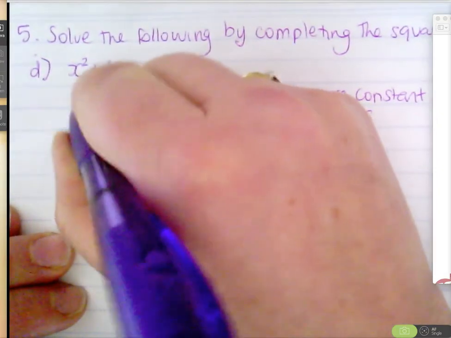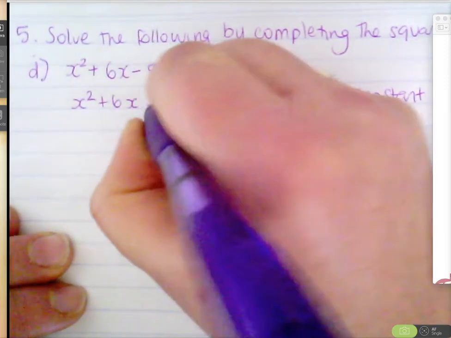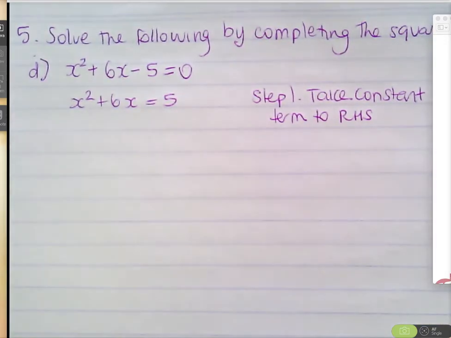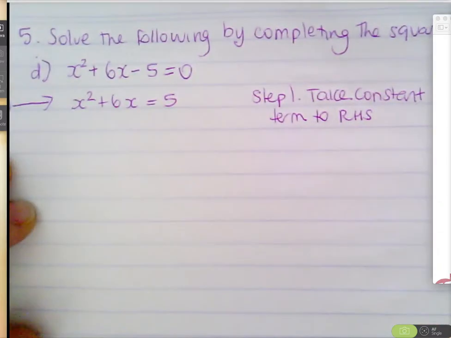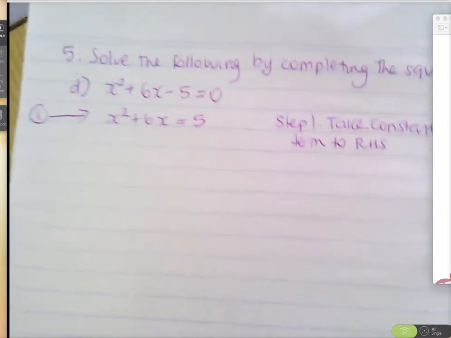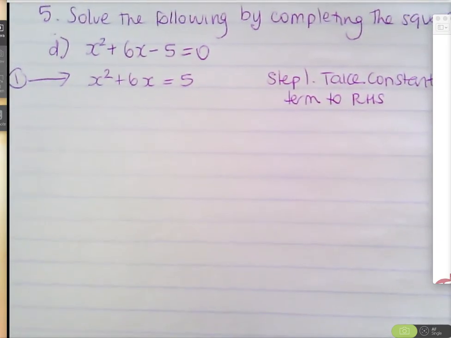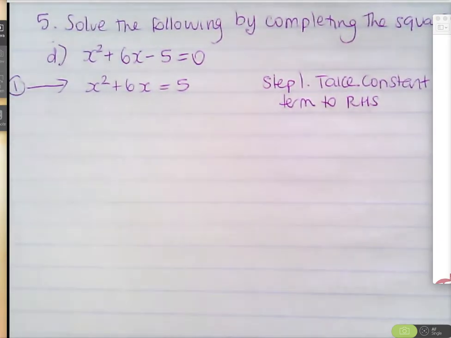So we've got x squared plus 6x equals 5. The reason we do that, that's step 1, is so that we can complete the square on the x squared plus 6x. Now, you're not allowed to just go and add a number to one side. It unbalances the equation.